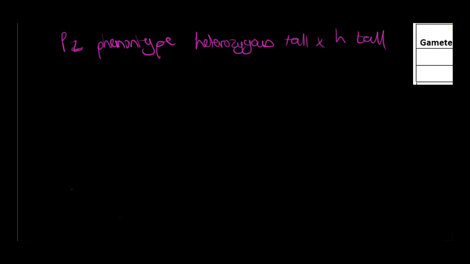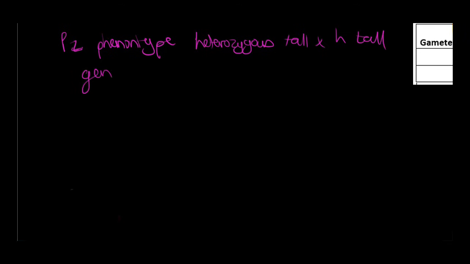So the P2 phenotype would be heterozygous tall crossing with another heterozygous tall.